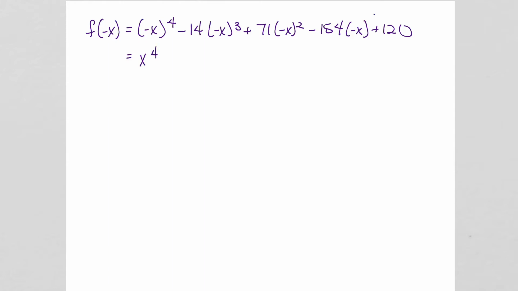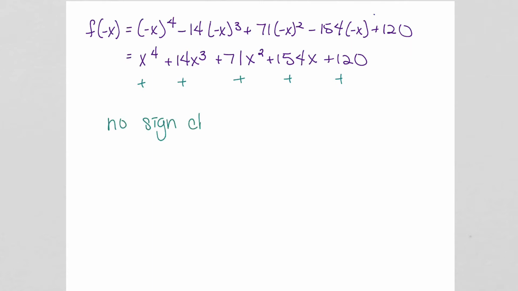Negative x cubed is negative x cubed times negative 14 is positive 14x cubed. Negative x squared is positive x squared times 71 is positive 71x squared. Negative x times negative 154 is positive 154x plus 120. So our signs are positive, positive, positive, positive, positive. There are no sign changes.